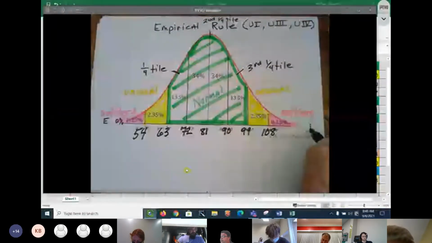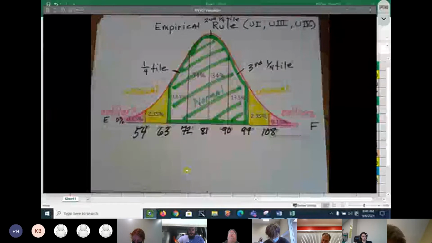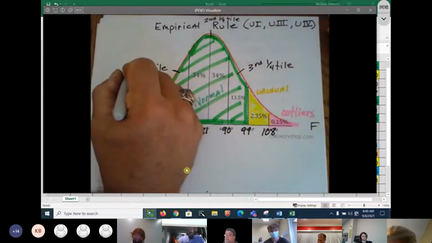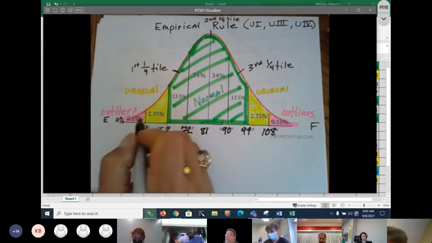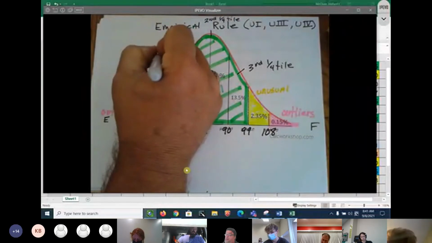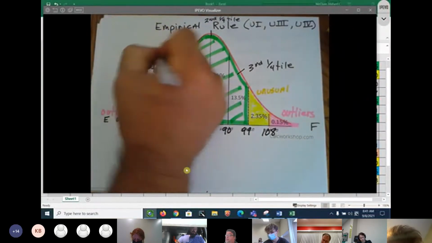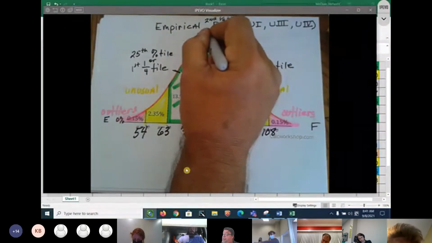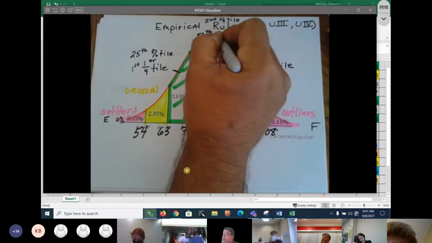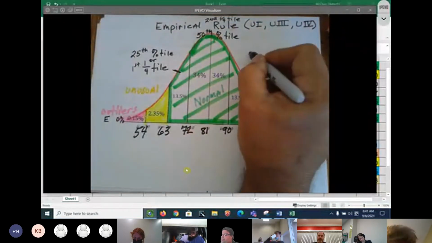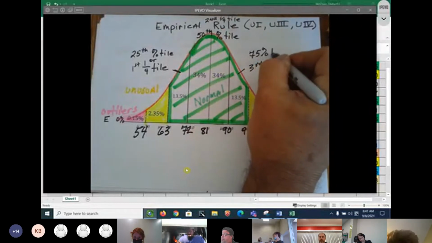And this is full. Does anybody know the other names for the quartiles? This is the 25th percentile. This is the 50th percentile. And this is the 75th percentile.